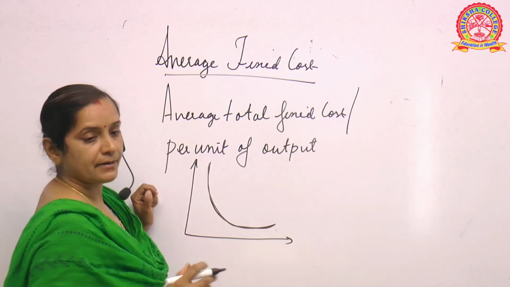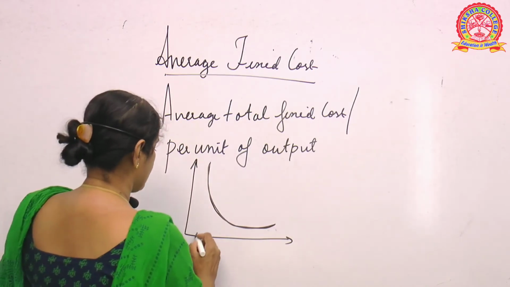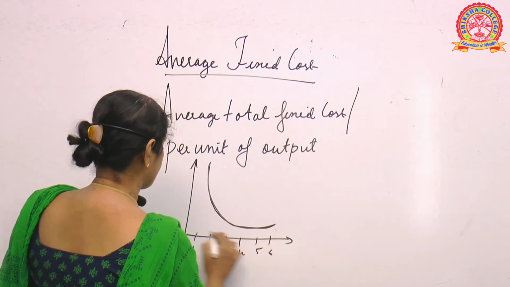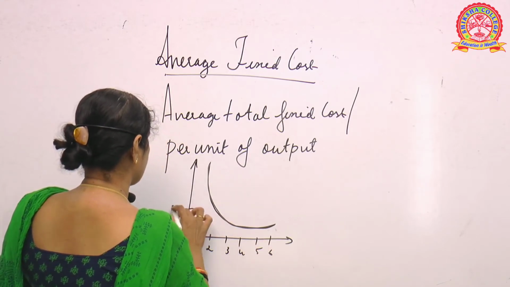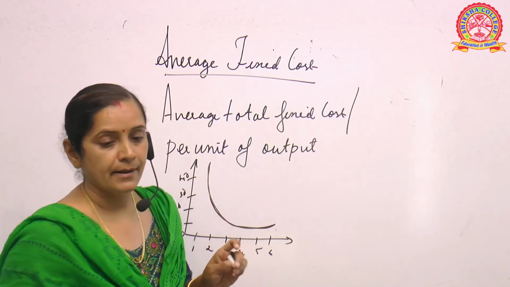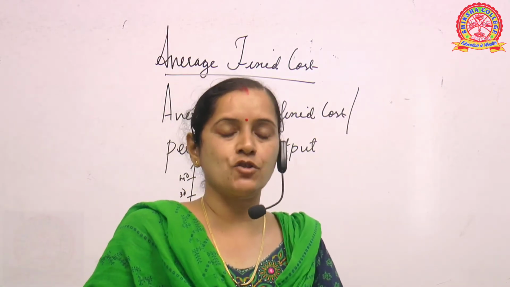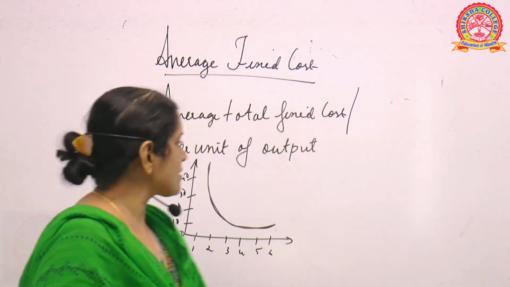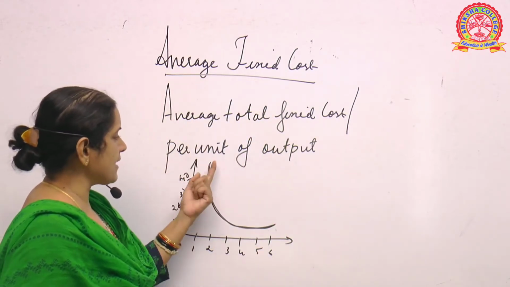Are you getting my point? Okay. Now if the average total fixed cost per unit, right, means your fixed cost, if we are trying to understand, it will be like this.